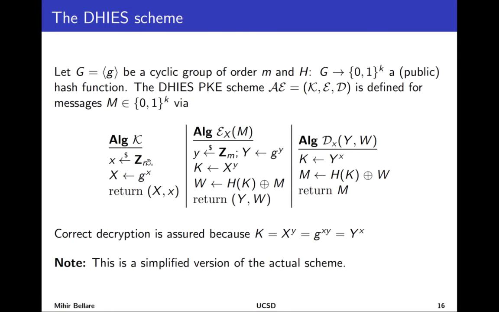So M will be the group order for ZP star, which is P minus 1. G to the X will be G to the X mod P, and you would compute it with your mod X function. This computation would be mod P, and so on. So you can hopefully make these mappings as necessary.